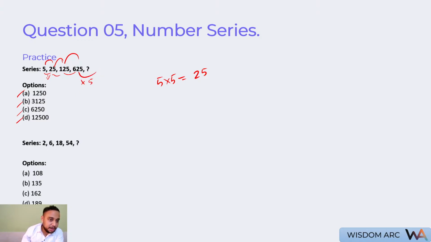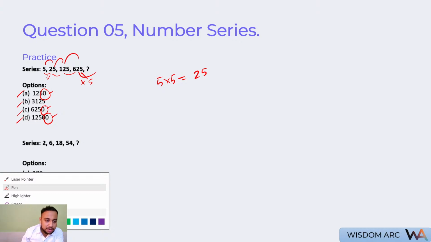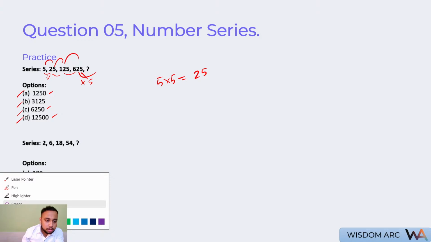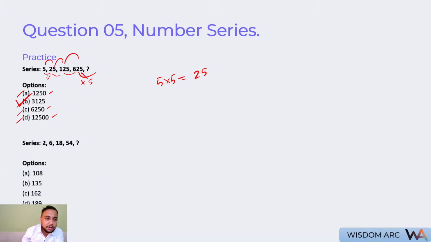Now you can either multiply it or you can divide it. But in examinations, if you see the numbers 5 into 5, the result will give you 0 at the end, right? So blatantly you can answer option B, that is 3125. That is also 5 to the power 5. Okay.